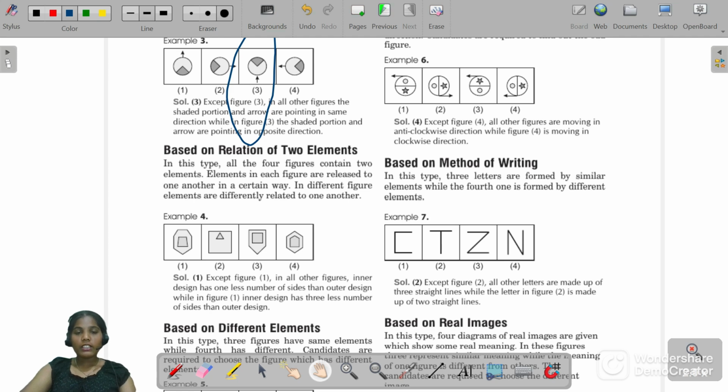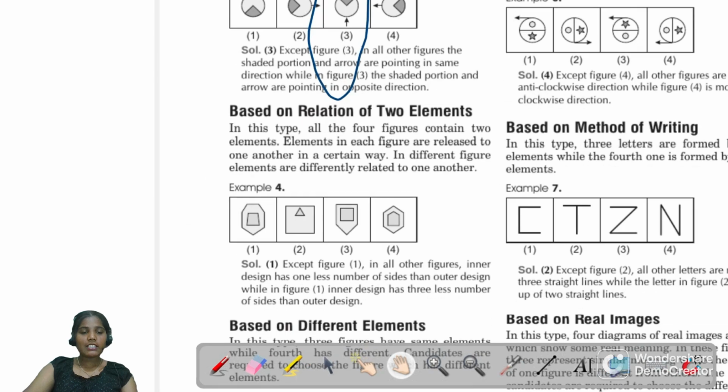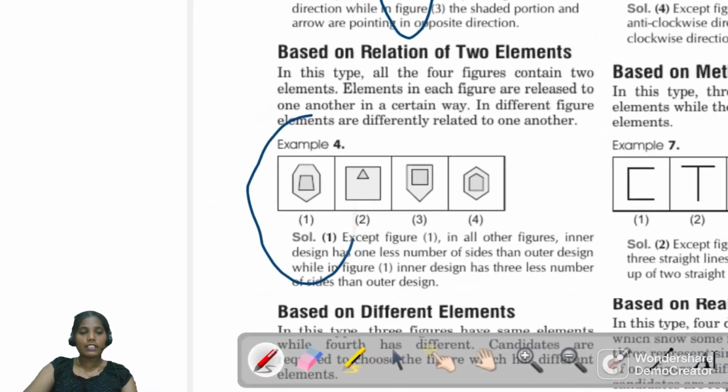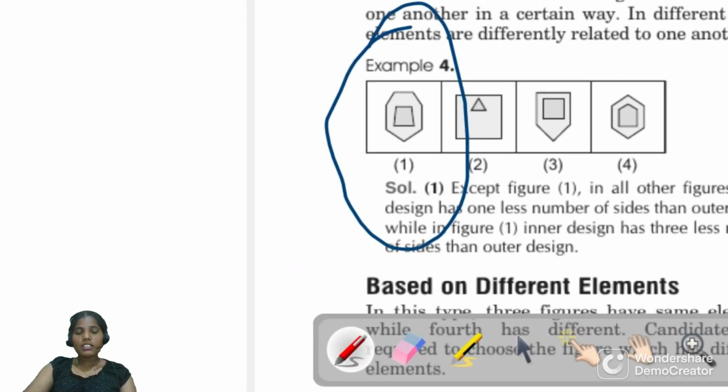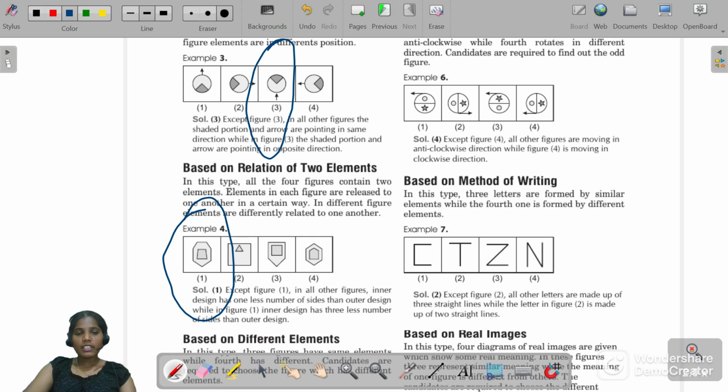In figure 4, there are 6 sides outer and 5 sides inner. From all this, we can come to one conclusion, that figures 2, 3, and 4 have outer figures with one side more than the inner figures. So option 1 doesn't satisfy this, unlike all the other options.